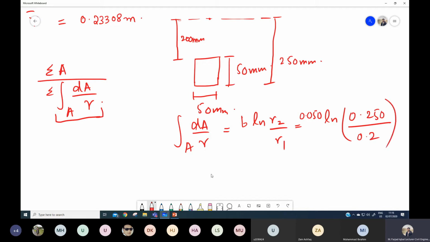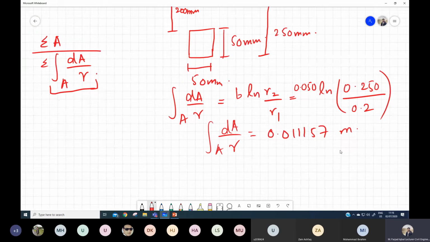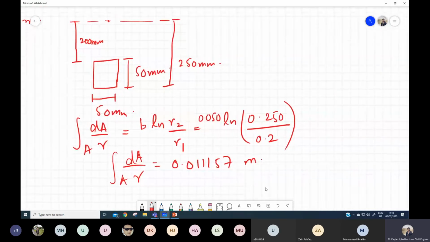So what will be this integral for the rectangular shape? It is 0.011157, and the units are meters. So this is the integral for the rectangular shape.